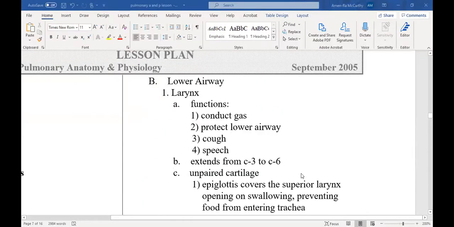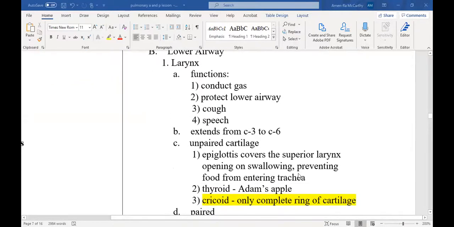So then we got into the lower airway, the larynx. We talked about what the larynx is for. Its job is to conduct gas, protect the lower airway, for cough, and for speech. It's made of unpaired cartilage, and that unpaired cartilage in the protection is the epiglottis. It covers the superior larynx when swallowing to keep food from getting in the airway.